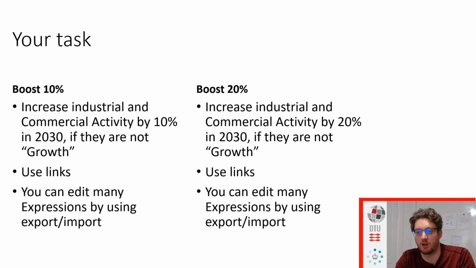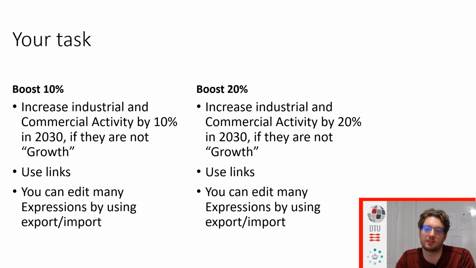The second thing is to actually show everybody how you did this. It is appropriate to use links. It's probably a good idea to use links to key assumptions. There is no place where you can have the boost 10 or 20%, so you will have to make this link yourself. That would be useful for you, and I think that would also be appreciated. Good thing to practice as well.